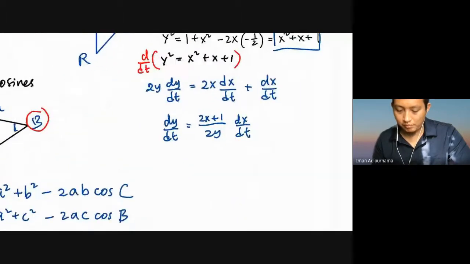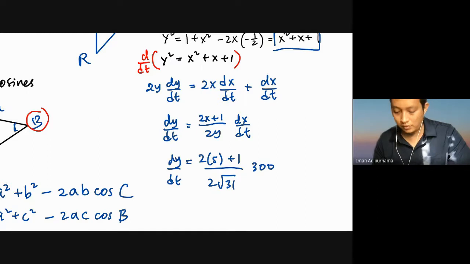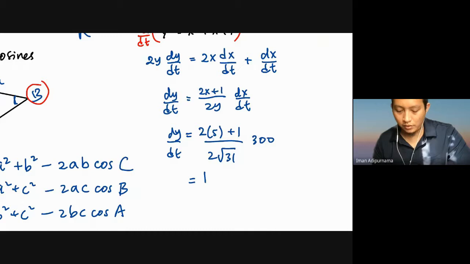Now we can put here 2 times (5 plus 1), over 2 square root of 31, and dx over dt is 300. If you want, you can solve this, and this will be around 1,650.